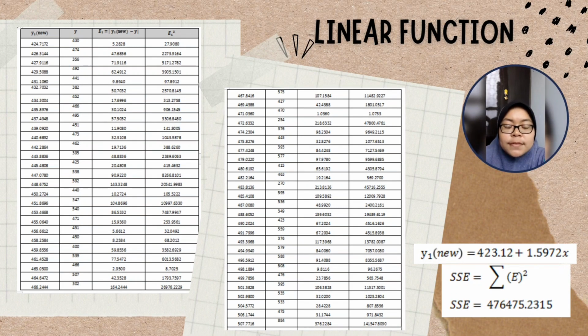After we substitute all the values of x into the equation, we calculate the absolute error, which is y1 new minus y. Then we square the absolute error to get the SSE. After we calculate all the squared absolute errors, we sum all the data to get the SSE for the linear equation. So the SSE for the linear equation is 476475.2315.